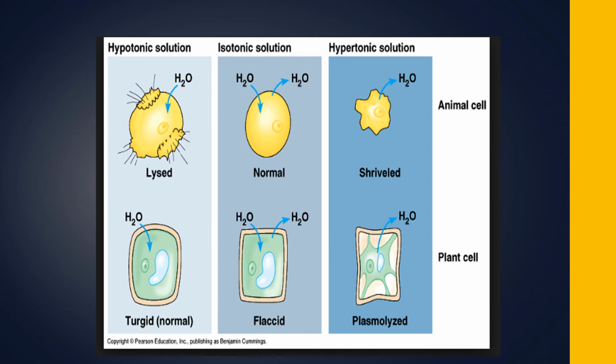Look at its vacuole. It will also plasmolyze. So those are the differences between the animal cell and plant cell if they are placed in the different environments: the hypotonic solution, isotonic solution, and hypertonic solution.